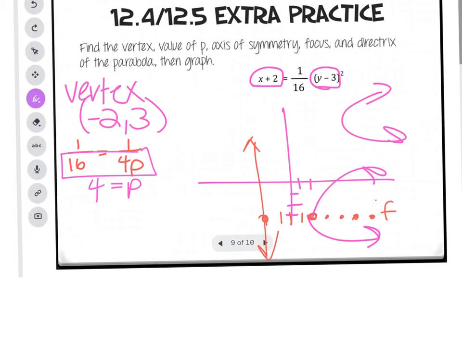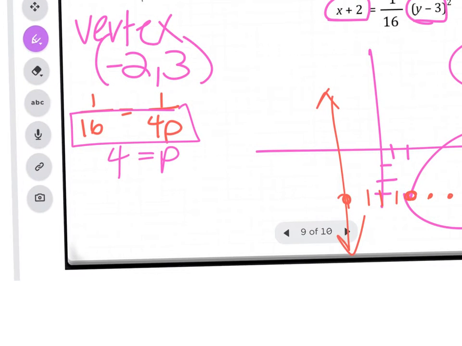So if I was at negative 2, 3, oh, this should have been negative 3. I moved it the wrong direction. Sorry, guys. This is negative 2, 3. That's your vertex. Rightward facing. 1, 2, 3, 4.